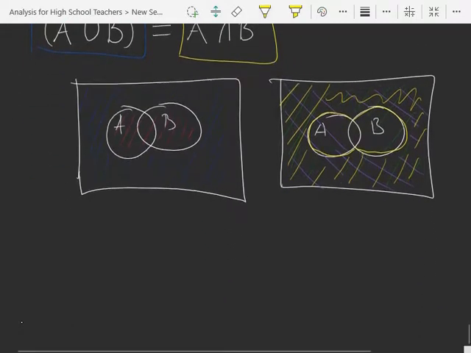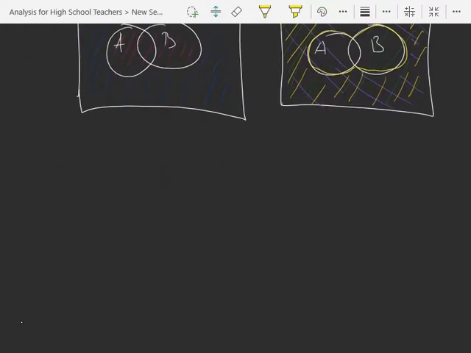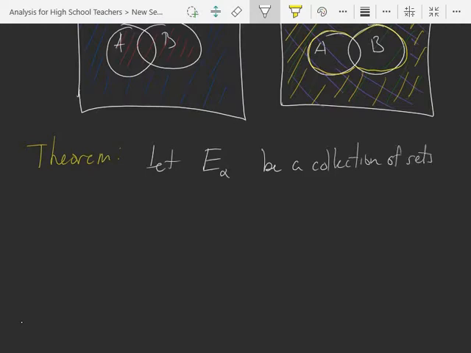The picture is kind of nice to help us see what's going on, but let's actually prove what's happening here. So the theorem. Let E sub alpha be a collection of sets indexed by alpha in A. A can be finite, A can be infinite, A can be uncountable.